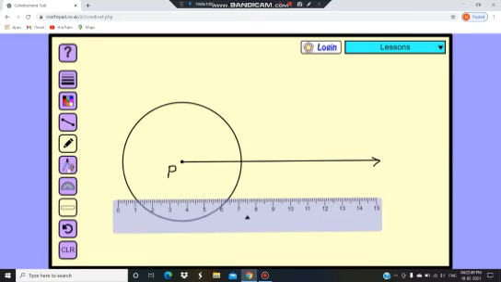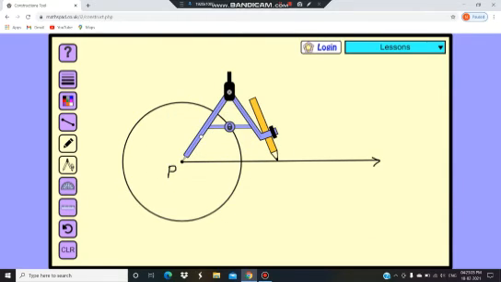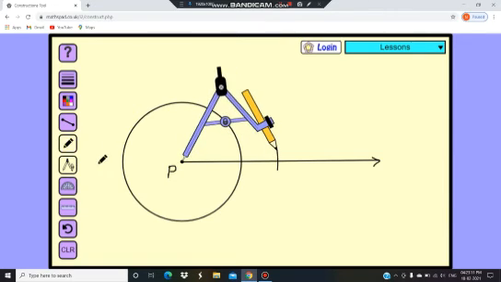So in a rounder take a distance of 5.5 centimeter. Now keep the pointer on this point P, and with this 5.5 centimeter we have to draw one arc. So from the center at the distance of 5.5 centimeter, point Q is there.